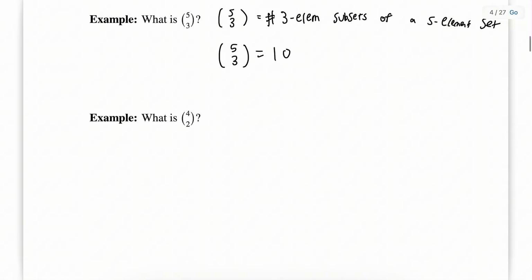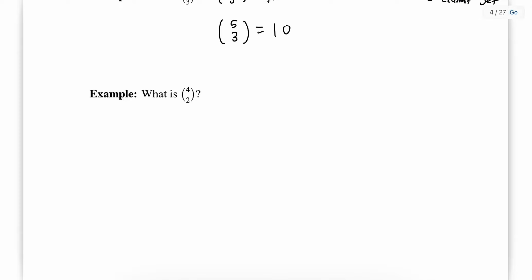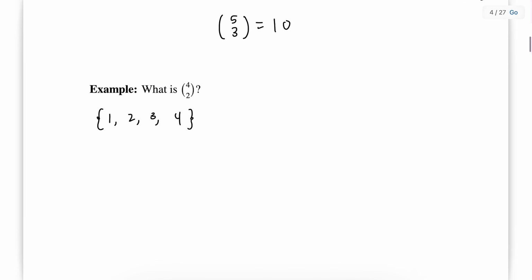Okay. 4 choose 2. Now we're being a little more abstract, but let's just do the calculation, right? Let's say we have 4 elements, 1, 2, 3, 4. Again, it doesn't have to be the numbers 1 to 4, but I think it's a convenient thing to do. How many can we construct? Well, let's just list them out. We have 1, 2, we have 1, 3, we have 1, 4.